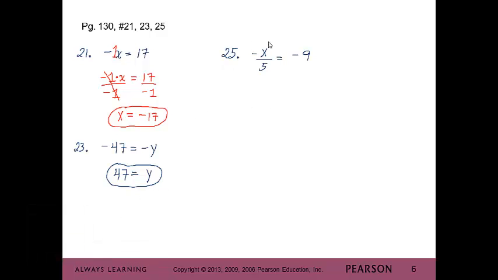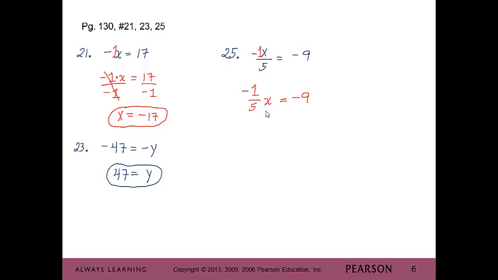Now let's go ahead and put in the 1 in front of the x. So this really says -1 over 5x equals -9. Notice that I took the negative sign and put it up top with the 1. I could have put it with the 5, but I will never put it with both. Usually it's written with the top number. So it really does say -1 over 5, and then I slid the x over to the side.